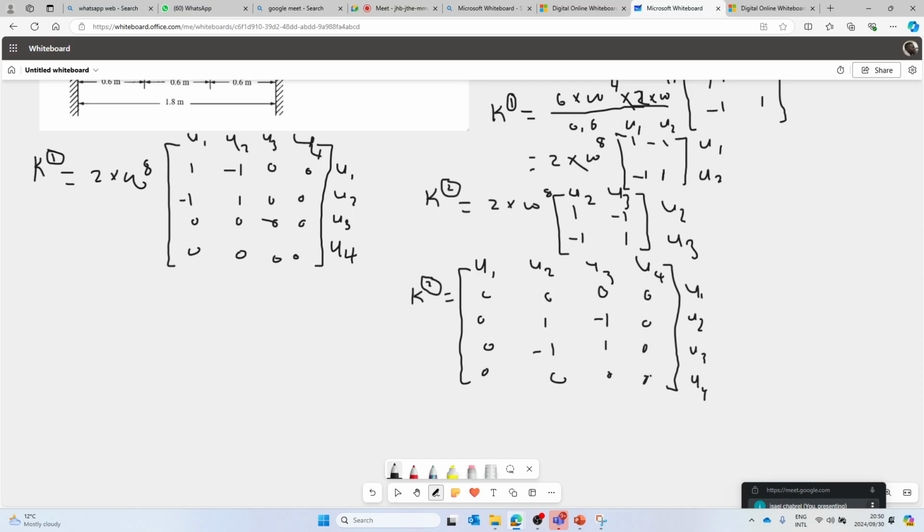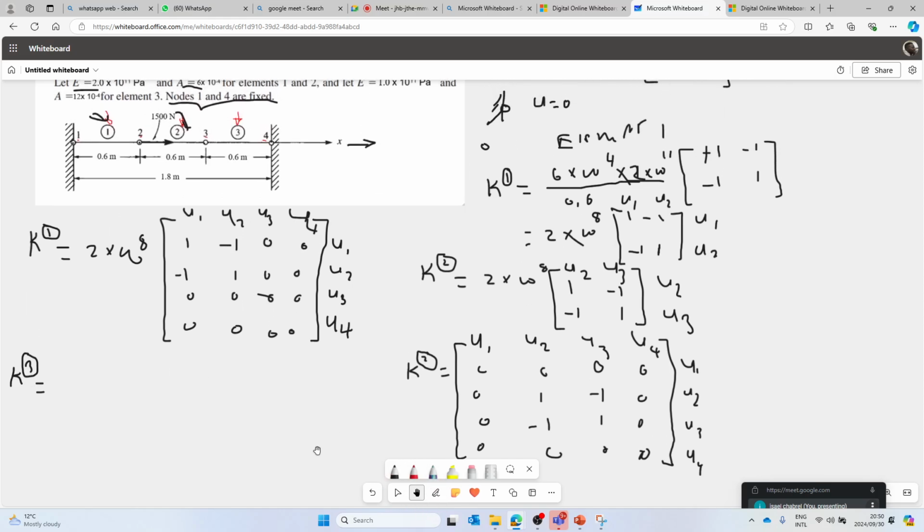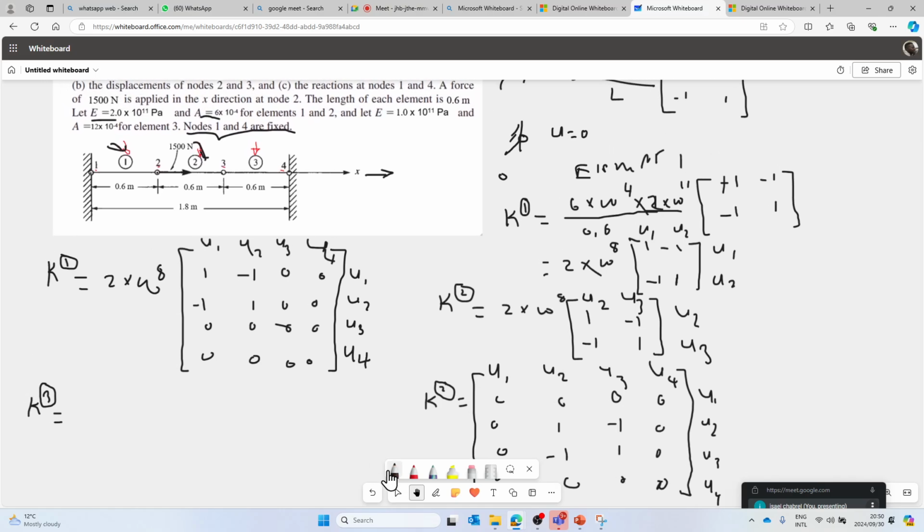Now we move to the last element, which is K3. So what is K3? We still use the general formula of AE over L, but in this case E is different, A is different, but the length is the same. So we replace. What is A?